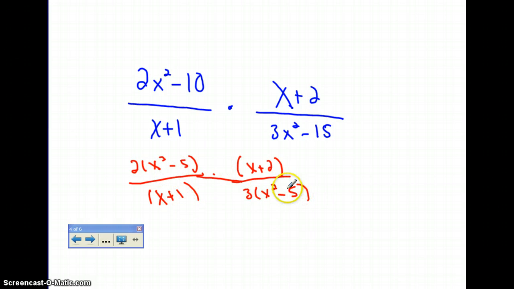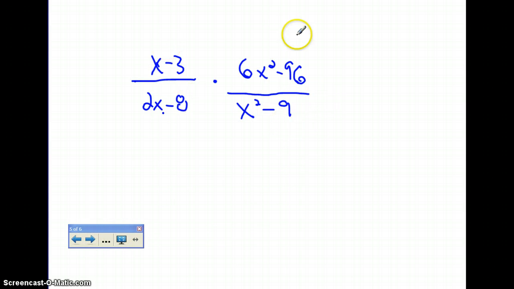So do I have anything in the numerator and the denominator? Yes. These two quantities cancel. So I end up with 2 times x plus 2 over x plus 1. Nothing else cancels. Try this one, and then we'll talk about it on Monday.